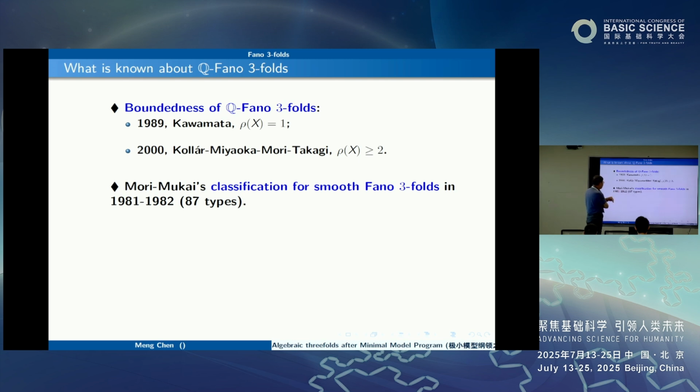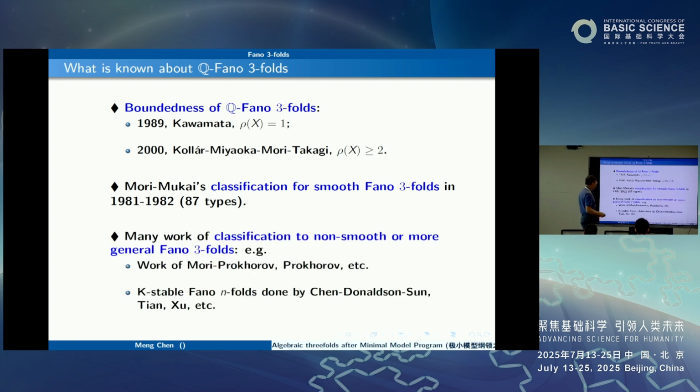Okay, so I have to mention the great work of Mori and Mukai. They used the MMP in dimension 3. They first classified smooth Fano threefolds into 87 types. So this is a famous list, as Professor Mori also mentioned.